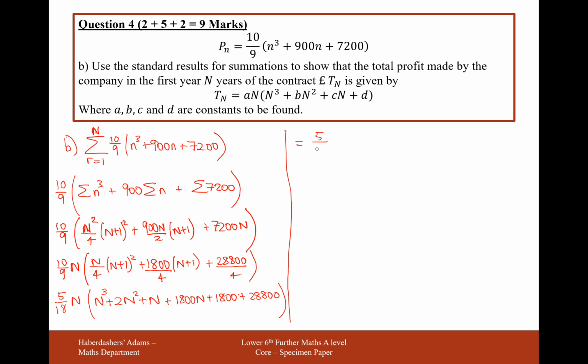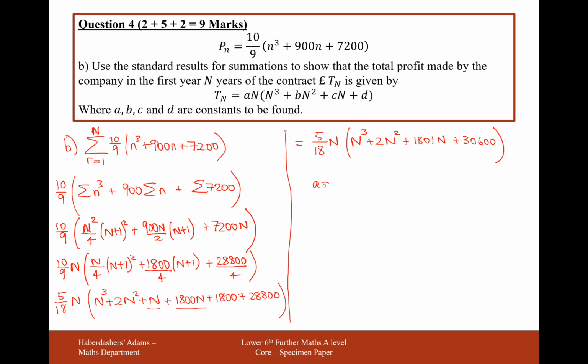So 5 over 18, capital N, and then simplify the bracket. N cubed plus 2N squared, there's nothing else there. We've got N and 1,800N, so 1,801N, and 1,800 adds 28,800 gives us 30,600. Perfect, so that's what we need here.